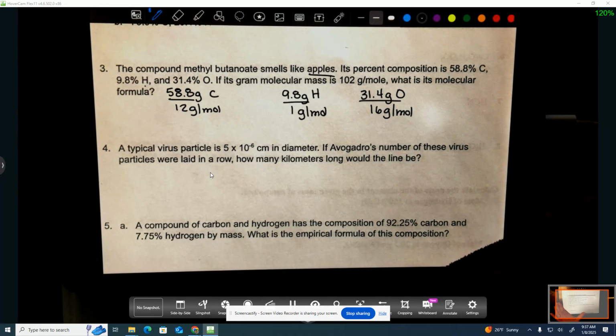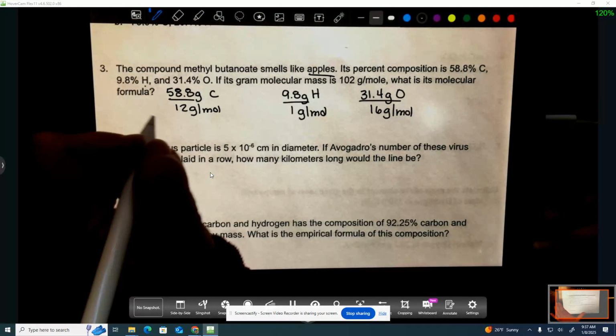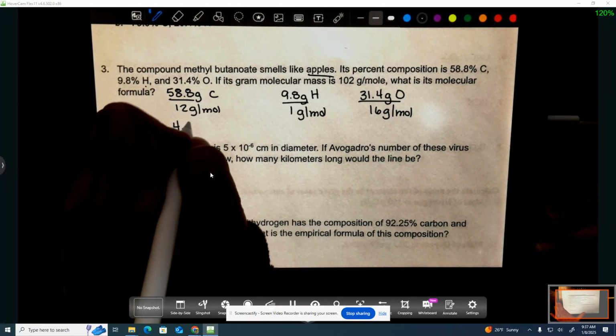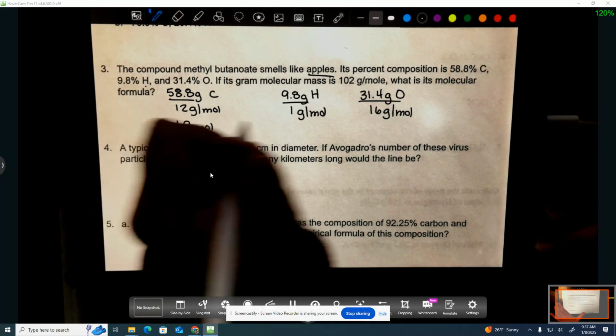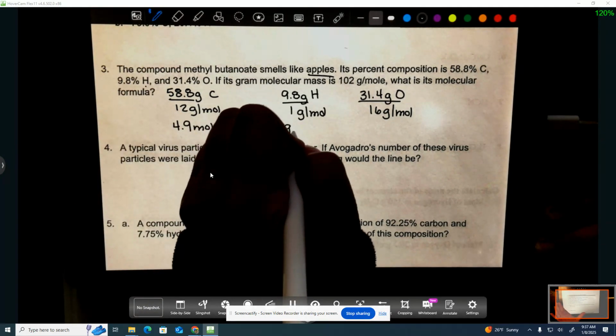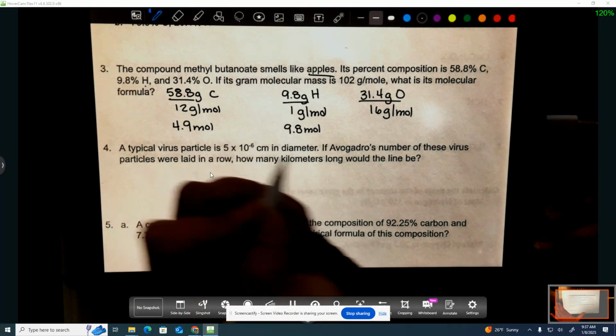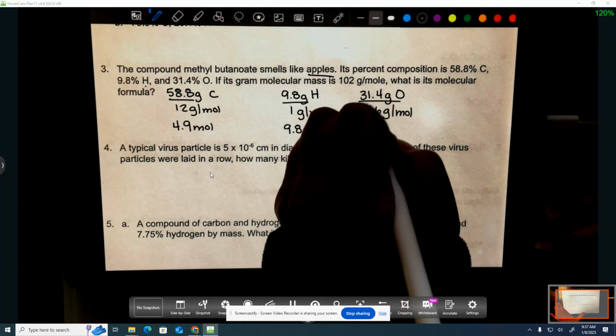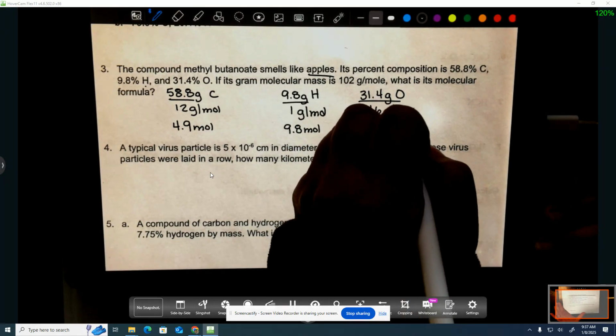Everybody good? It's the same process every single time. What's 58.8 divided by 12? 4.9. And that's moles. 9.8 divided by 1, even I can do that in my head. 9.8 moles. And 31.4 divided by 16, 1.96 moles.